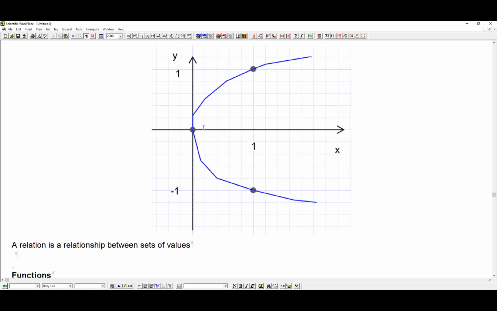Here I'm saying that my function is square root of x, so what possible numbers can I have for x? I can't have negative ones, so only positive ones, R plus. And as a result, my range is going to be from 0 to infinity, so R plus for y too.